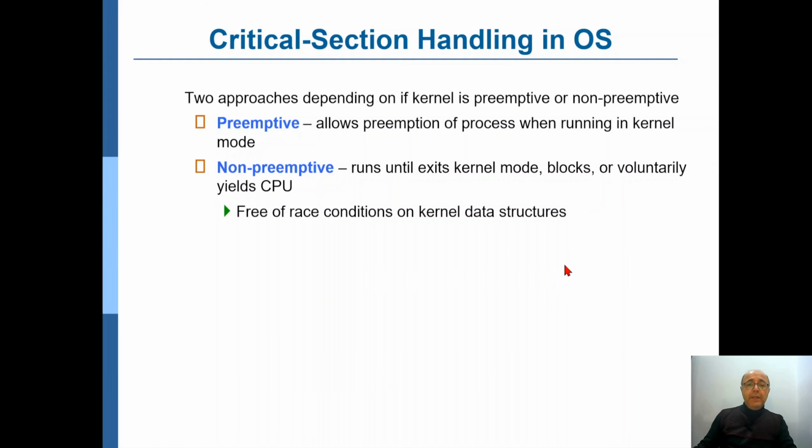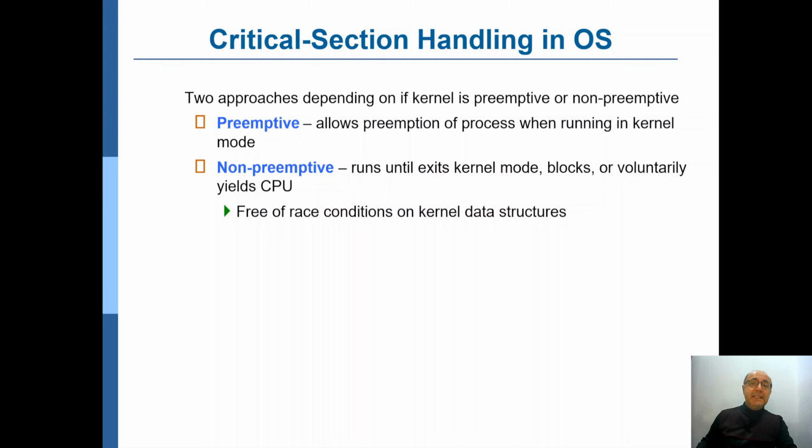So, in the operating system, there could be different approaches for solving the critical section problem. You could have an operating system that allows preemption in kernel mode. That means one process wants to run a privileged instruction, so it switches to the kernel mode. For example, let's say, disk I/O.